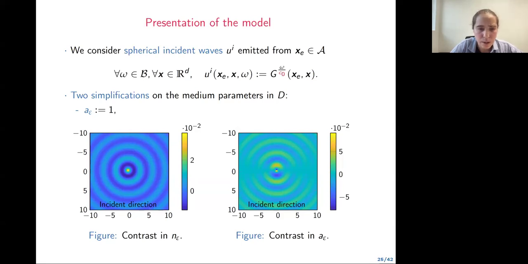Here I plotted just the scattered field for an inclusion with contrast in N epsilon and for an inclusion with contrast in A epsilon. Remember that what we measure is just the field above here. So in reflection, you can't really tell them apart besides by comparing the amplitudes. So it's not that crazy to do this first simplification.